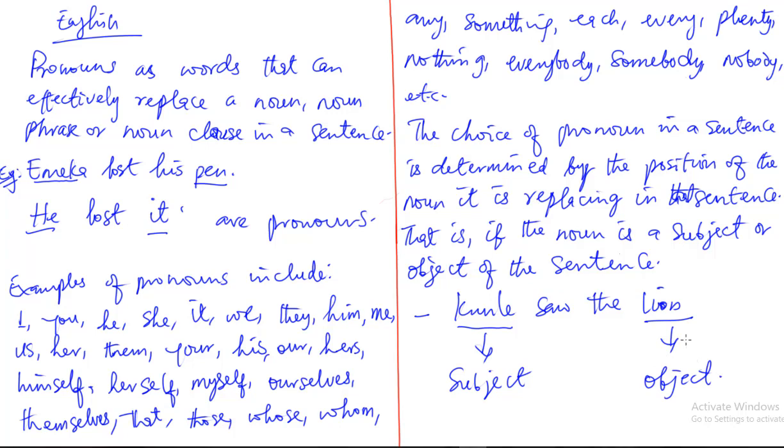Do you know why Kunle is the subject? It's not because he's a noun. Lion is also a noun. So why wouldn't lion be the subject instead of Kunle? There is a reason. I don't need chorus answers. The reason why Kunle is the subject is what I'm asking you.